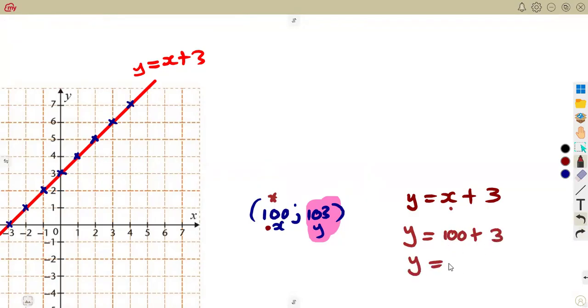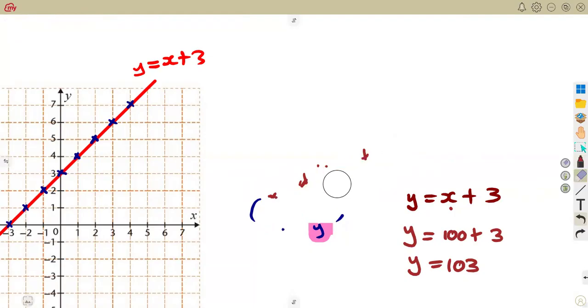Let's add: 100 plus 3 is 103, which is exactly what we have here. So therefore, truly, this point is on the graph. It is on the line. It is giving us exactly what we are given there.